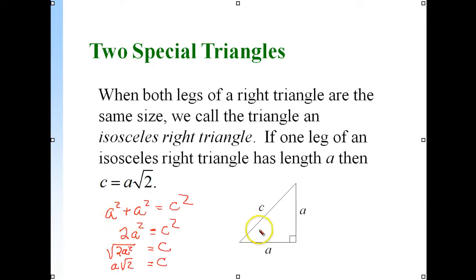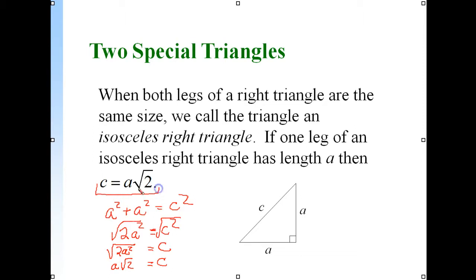So that would be A squared plus A squared equals C squared. So we have 2A squared equals C squared. And then you take the square root of this and the square root of that, and that is C. And you can see we can take the square root of A squared out of there, and there's where we get our answer.